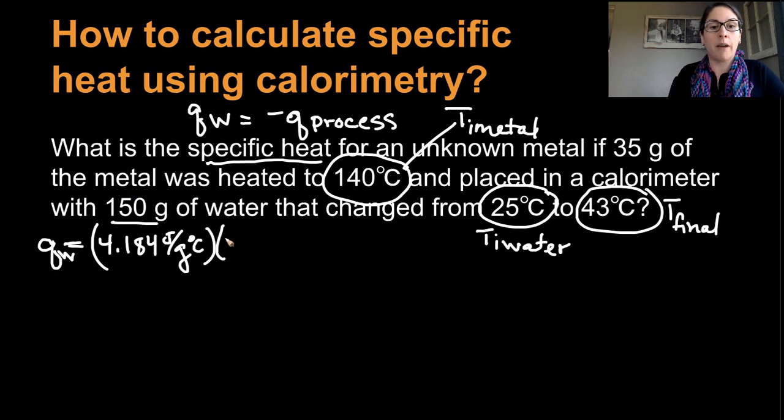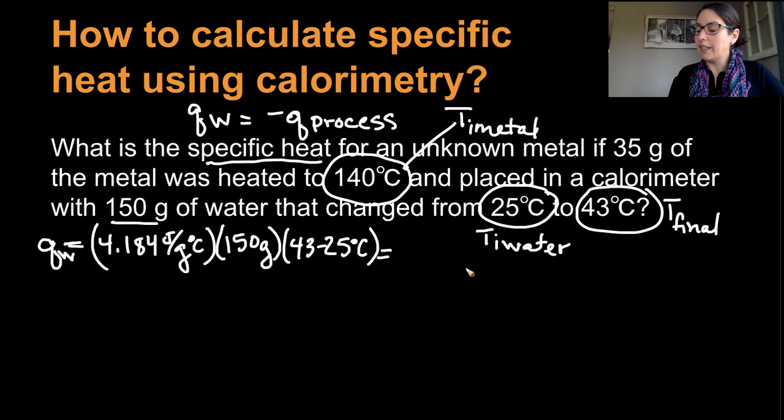Okay, so there's the mass of water, 150 grams, and the change in temperature of water, which was 43 minus 25 degrees Celsius. And when we put that all together, we end up getting a value of 296.8 joules.